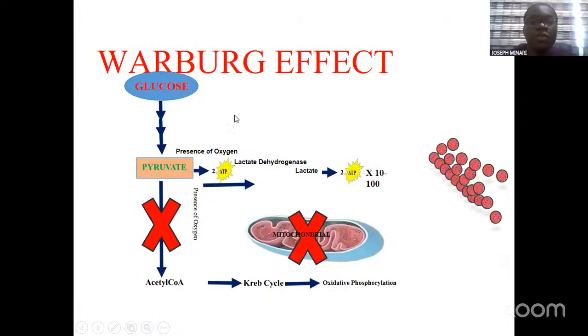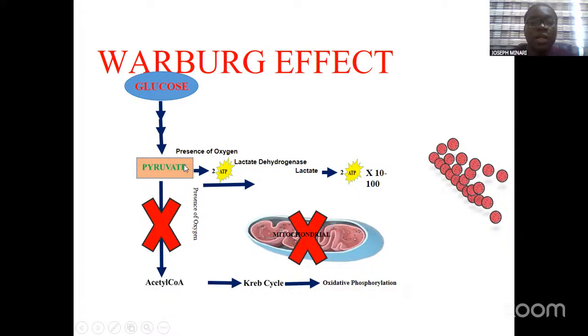So having said that, there's what we call the Warburg effect. In this Warburg effect, glucose normally, after several reactions, goes to pyruvate, and that pyruvate is supposed to proceed through acetyl-CoA to the Krebs cycle and oxidative phosphorylation.